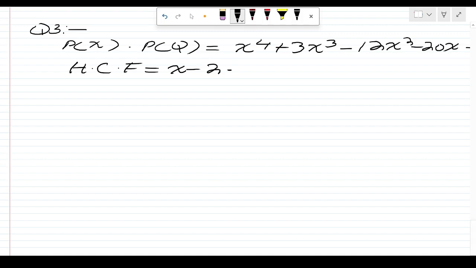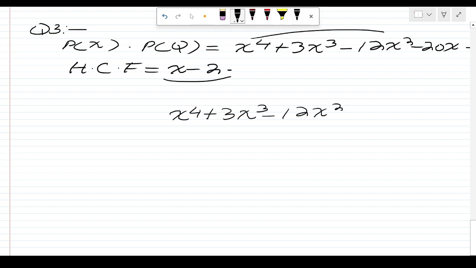In order to find the LCM, this whole product of P of x and P of q will be divided by this HCF, basically by using the division method. So we'll write x power 4 plus 3x cube minus 12x square minus 20x plus 48 over here, and then we'll make a quick line.